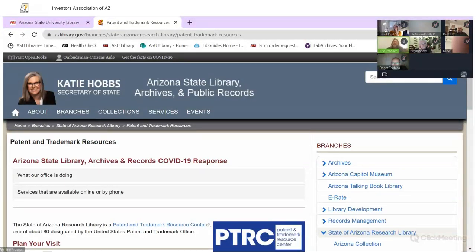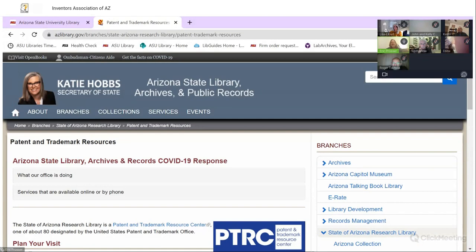Prior to COVID, they would do these in person, traveling around and hitting about a quarter to a third of all the patent and trademark resource centers in the nation every year. With COVID, travel was restricted. This year we piloted one of the first virtual ones, and we thought it was a pretty good success for the first time in that venue. We were excited by that.